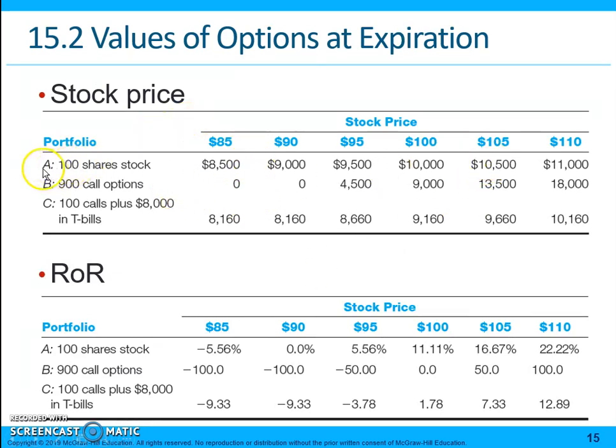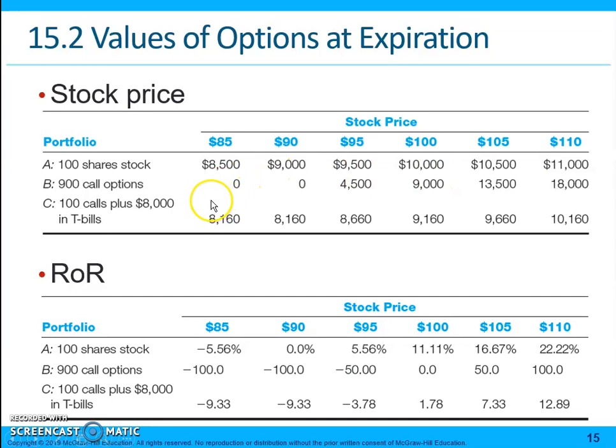Here we've got strategy A. If we buy 100 shares of stock, we started out at $90 per share. So our portfolio goes, at $85 we lose $500. At $95 we gain $500, and so on up the chart.